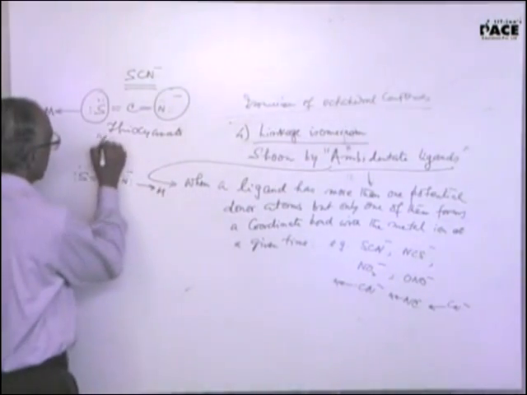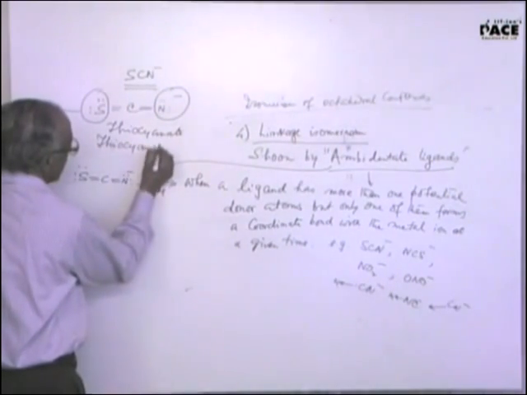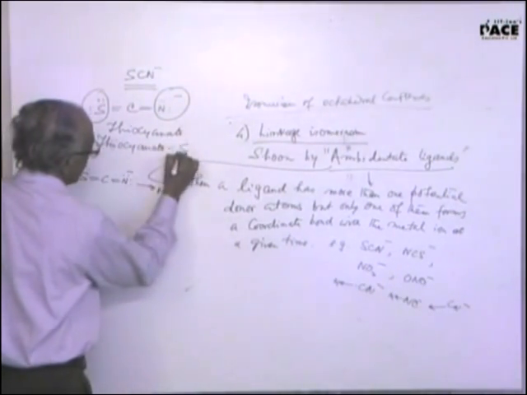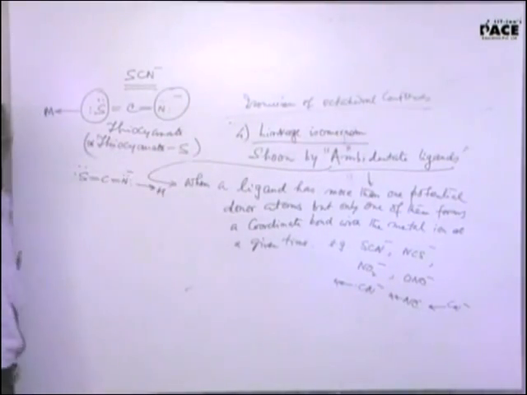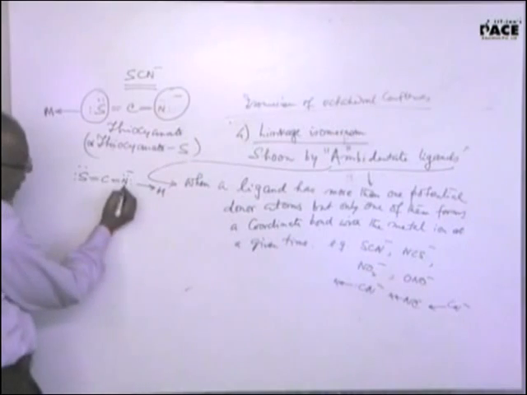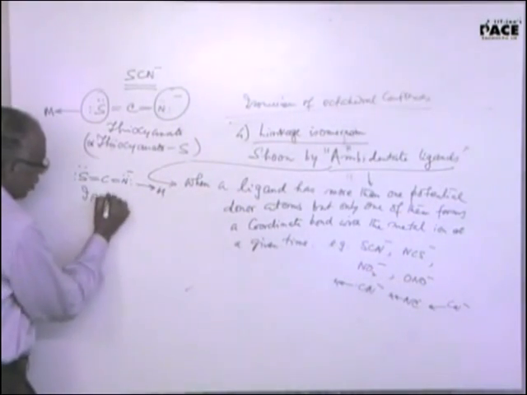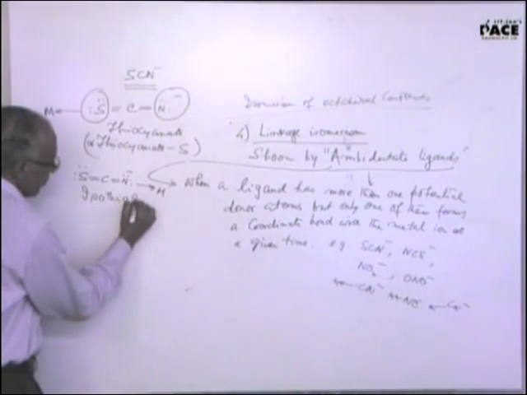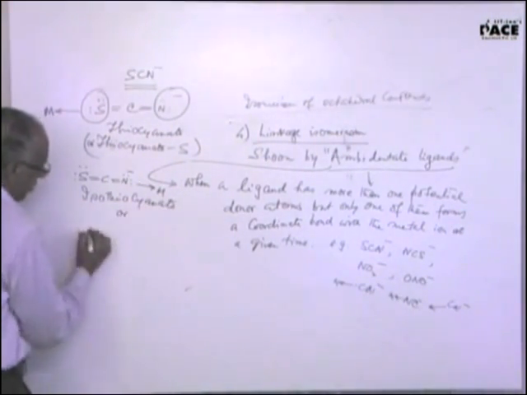Or when nitrogen forms a bond with a metal, it is called isothiocyanate.